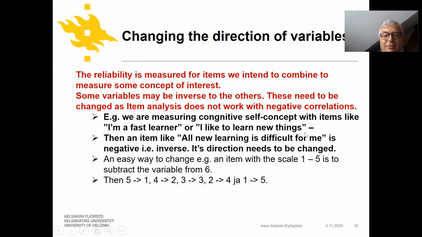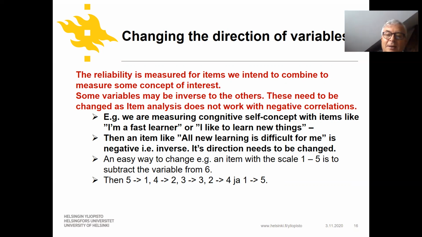And if it has, for instance, a scale of 1 to 5, the easy way to do it is create a new variable out of it, where you subtract the score that the individual has. You have put a 3 there.